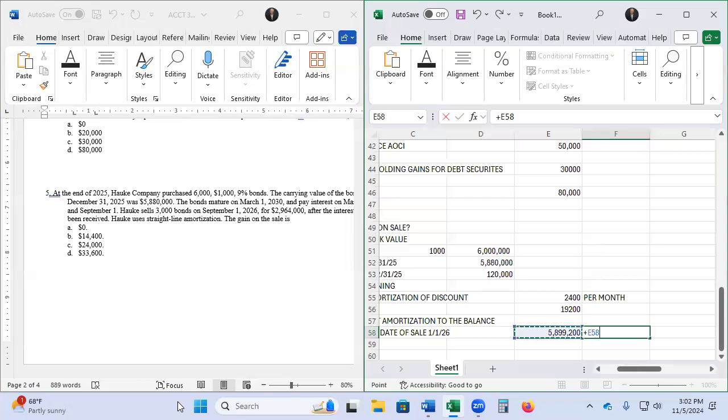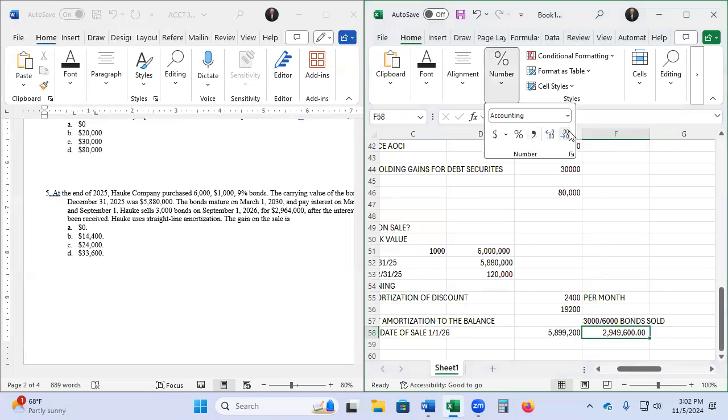And we need half of that because it's selling 3,000 of that. And so our value is 2,949,600.